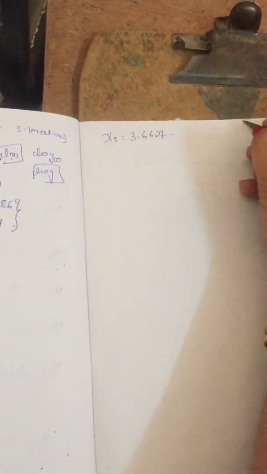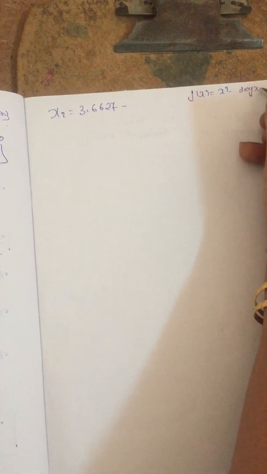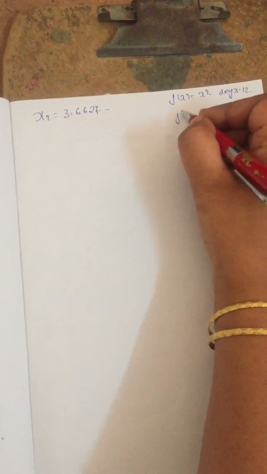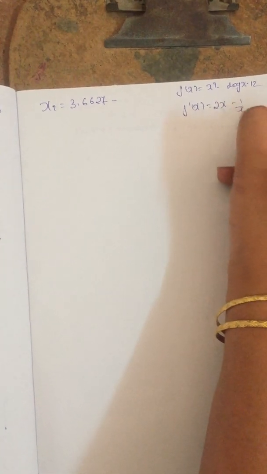Here f of x is x square minus log x minus 12 and f dash of x is 2x minus 1 by x.